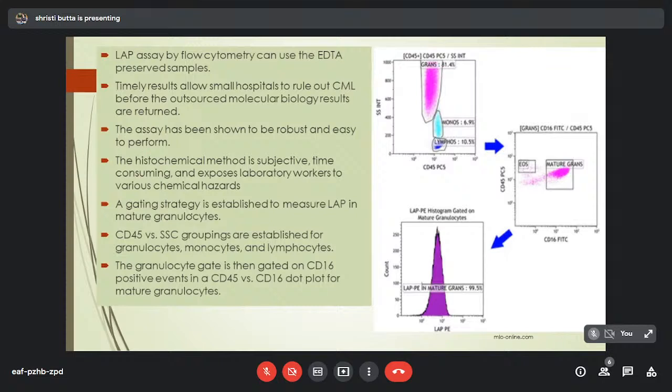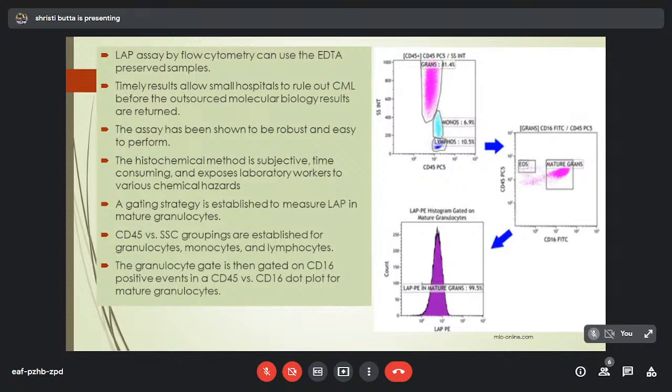A gating strategy is established to measure the LAP score in the mature granulocytes. So we do a side scatter plot here with CD45 and finally find these granulocytes here and up there. Okay. And then what we do is that we again gate it to the CD16 and CD45 to ascertain these mature granulocytes.